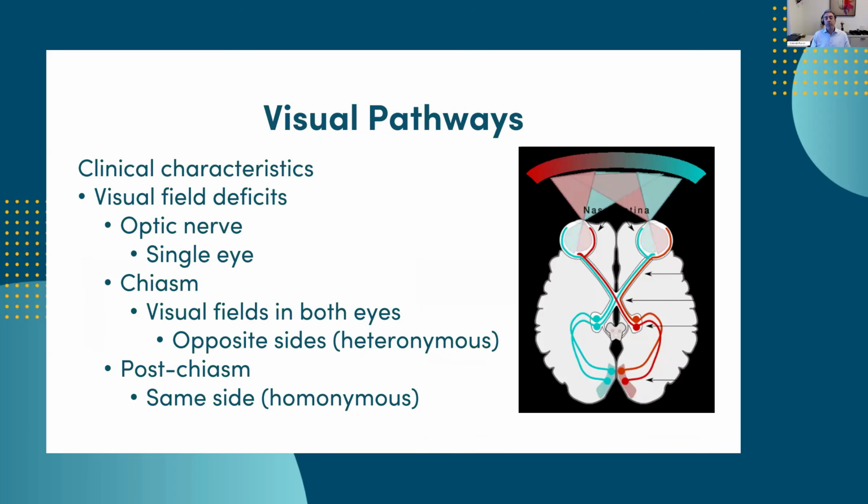Now, we can have problems not of the optic nerve, but at the level of the chiasm, which is that structure where we have the X, where we have the crossing of information, or beyond on the visual pathways where it fans out. And again, those areas can be affected by multiple sclerosis. So if you have problems in those locations, you will have probably not necessarily decreased visual acuity, but more of a visual field deficit.